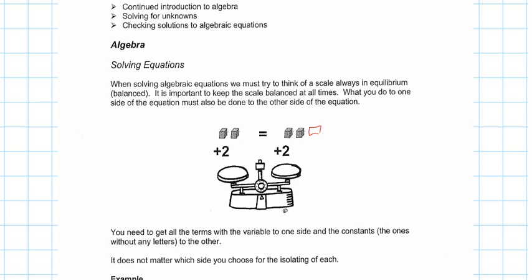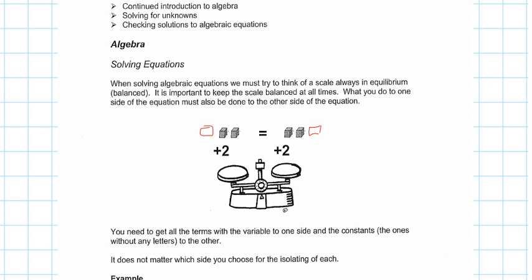What do I need to do if I'm going to add 1 to this side? What must I do to this side? Add another one. So whatever I do to the left, I have to do to the right. Yes? Now, what if I decided to eat one of these sugar cubes?